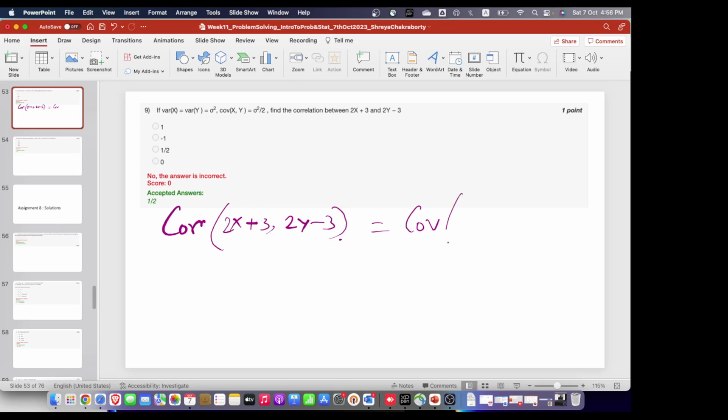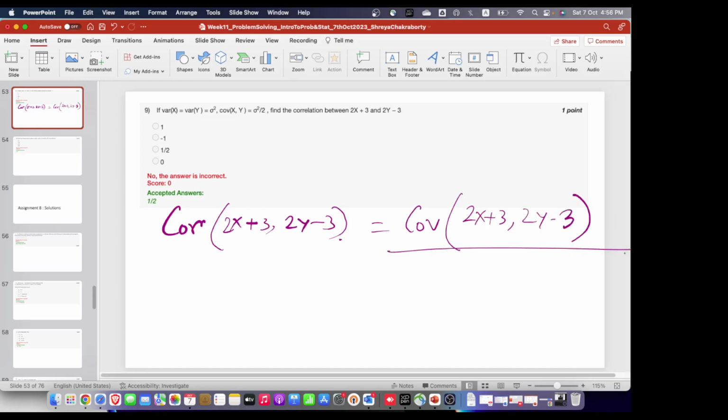This is equal to covariance between 2x plus 3, 2y minus 3, by root over variance of 2x plus 3 into root over variance of 2y minus 3. Now these things we have to find out.